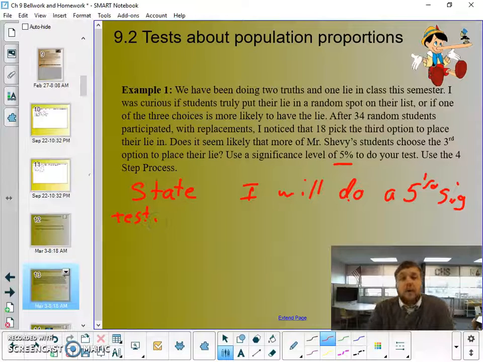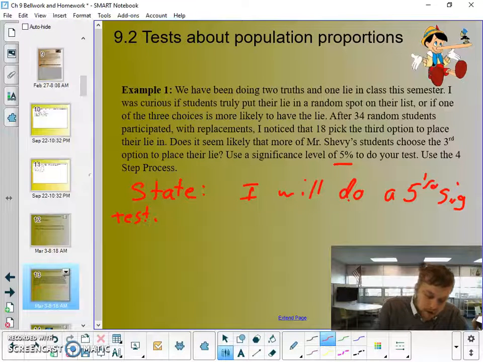I could probably write that in a little more detail, but I am limited on time, so please feel free to pause the video and add more detail, maybe saying to see if students tend to put their lie more on the last one.